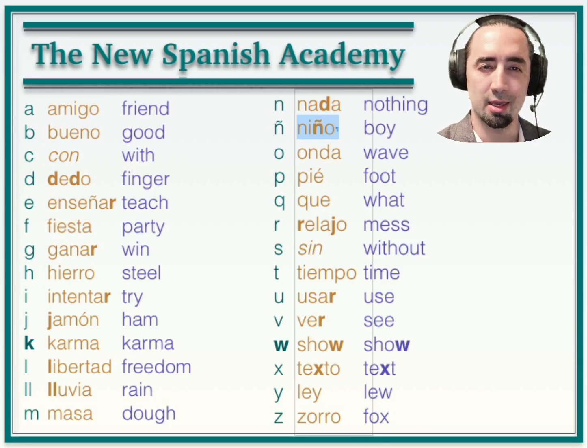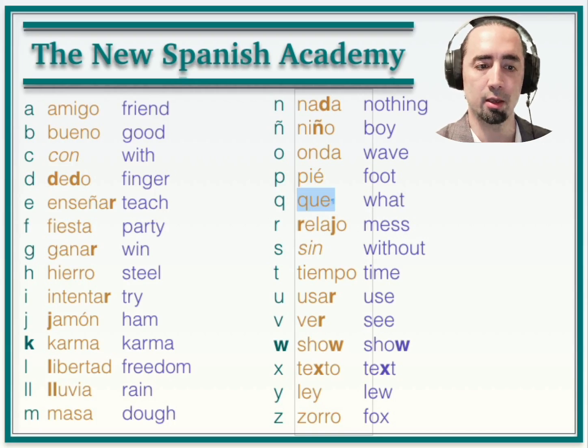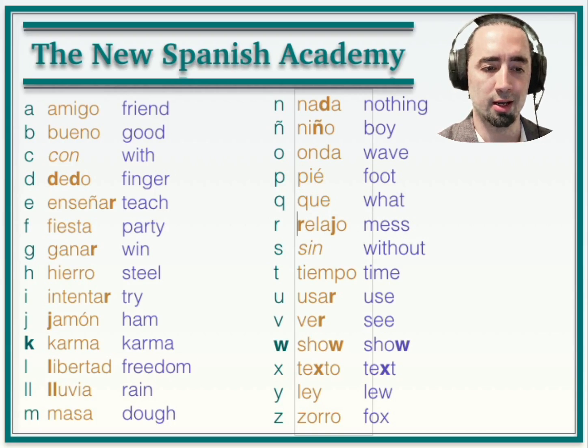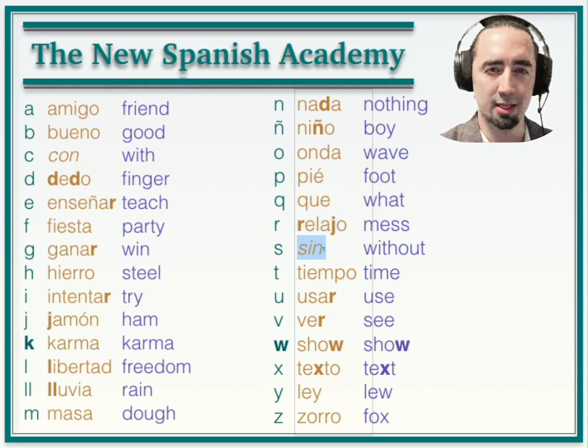Niño, N-I-Ñ-O. Onda, O-N-D-A. Pie, P-I-E. Que, Q-U-E. Relajo, R-E-L-A-J-O. Sin, S-I-N. Tiempo, T-I-E-M-P-O. Usar, U-S-A-R.